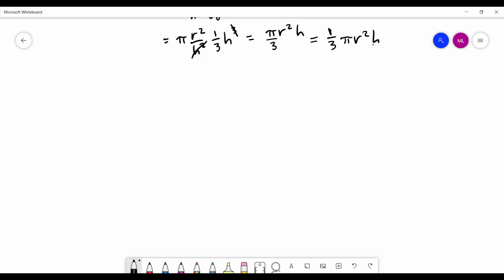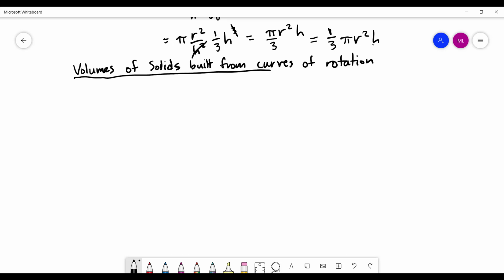So basically, I want to find volumes of solids that are created by rotation. So solids built from curves of rotation.